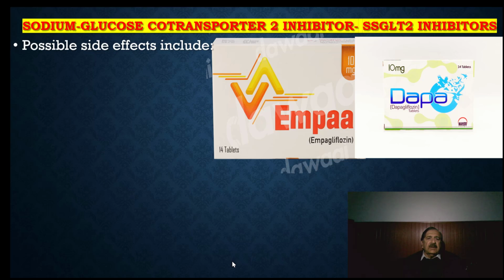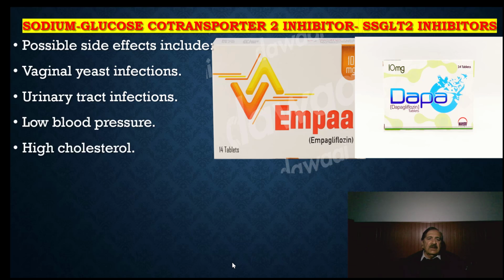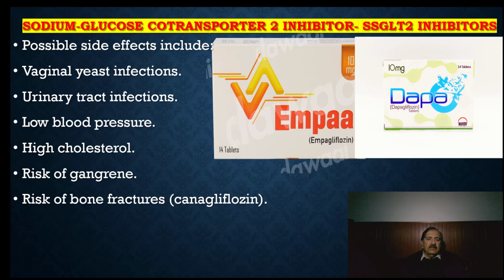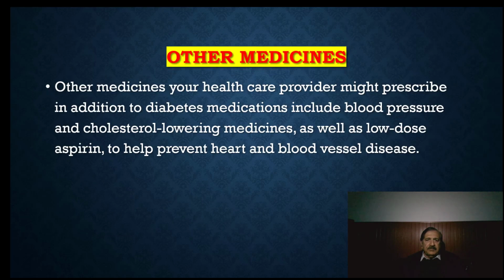Possible side effects include vaginal yeast infection, urinary tract infection, lower blood pressure, high cholesterol, risk of gangrene, and risk of bone fracture. Canagliflozin is responsible for bone fracture and the risk of amputation.